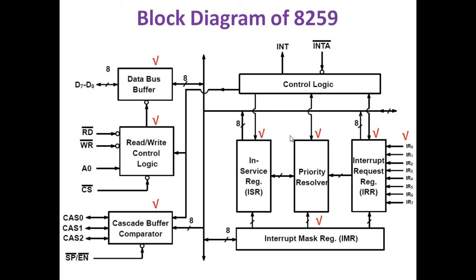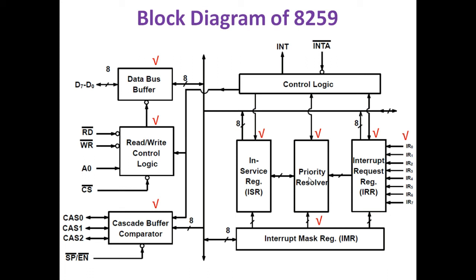Okay, then the in service register, this is ISR. So here suppose IR1 and IR2 are enabled inside this IMR, and suppose IR1 has lower priority than IR2, and consider that IR1 is being processed currently. During servicing of IR1, if IR2 also requires the service, which has higher priority than IR1, then what will happen?